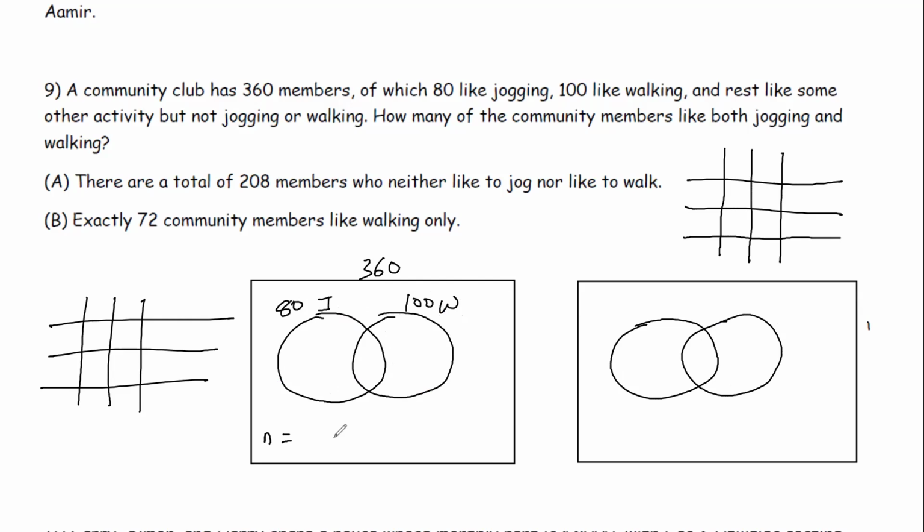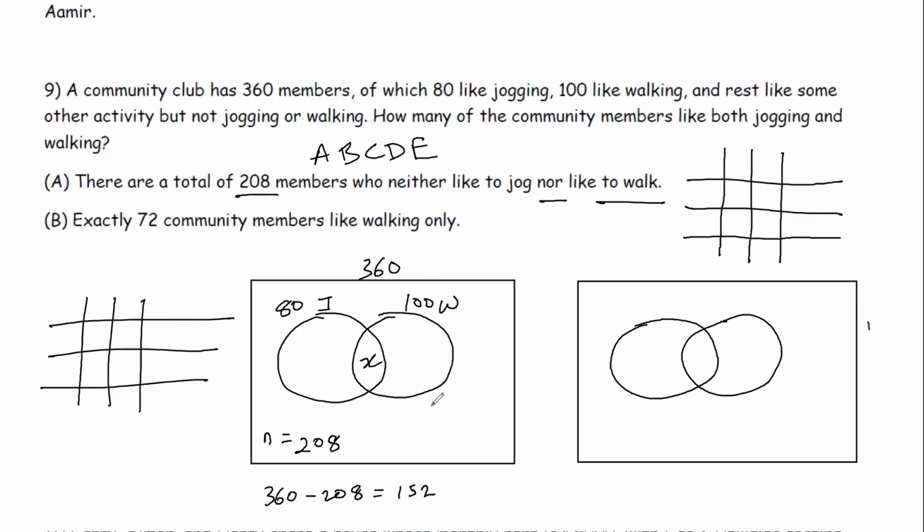How many of the community members like both jogging and walking? So this is X, what we need to find out. There are a total of 208 members who neither like to jog nor like to walk. So this is 208. So whatever is inside these circles is going to be 360 minus 208, which is equal to 152. So 152 are within the circles.